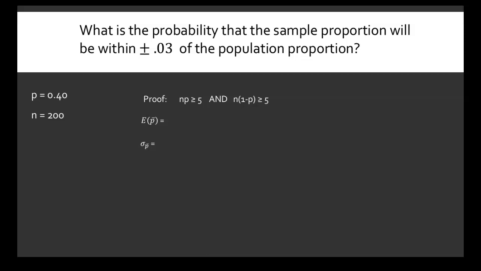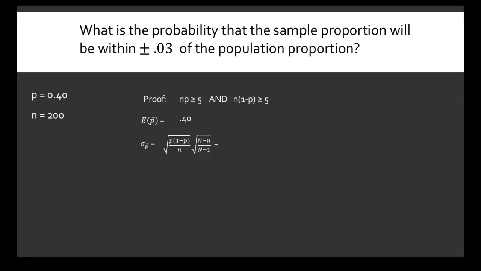Now our expected value is just going to be p. So it's just 0.40. Now our standard error. If we take a look on our formula sheet, our standard error shows this formula. The second half of that formula, the square root of big N minus little n over big N minus 1, is called our finite correction factor.